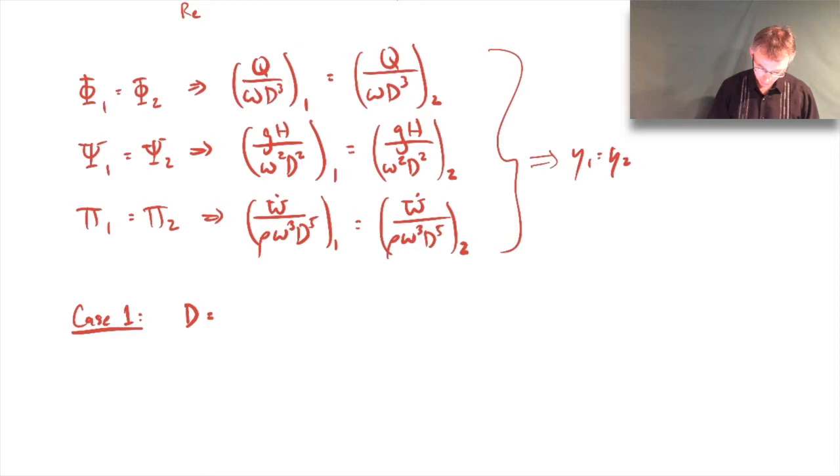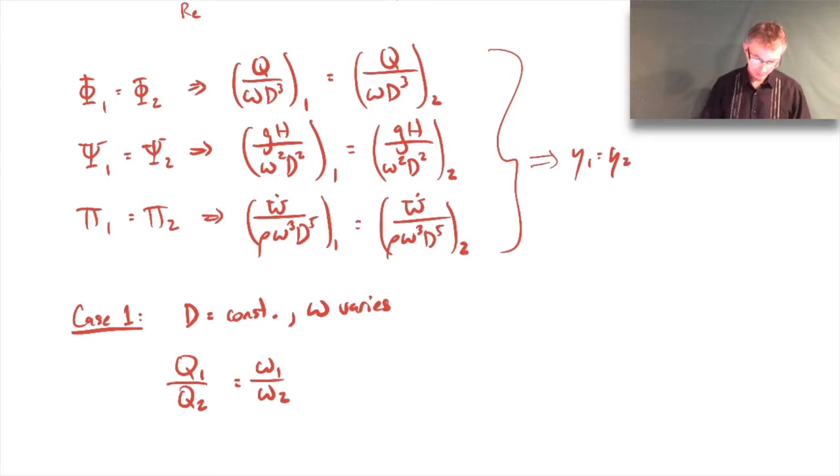So in this case, the diameter will be constant, and omega varies. So if that's the case, then this first quantity, just based on the flow coefficient, the D's will cancel out, and then you'll just have Q1 over Q2 is equal to omega 1 over omega 2. And then from the head rise coefficient, we'll assume that the g's are the same, same Earth gravity, right?